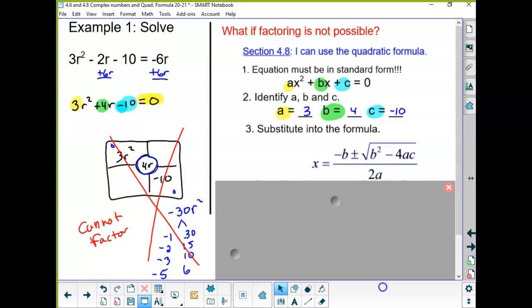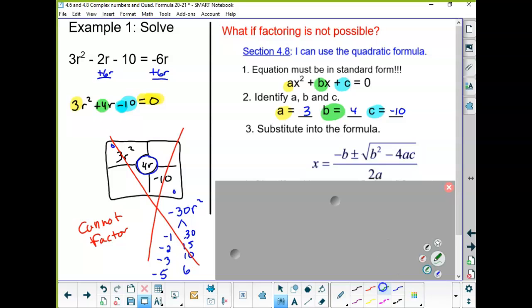And the quadratic formula is kind of a complicated looking formula. But once you get the hang of it, it's really friendly. So, you ready to sing? You don't have to sing if you don't want to.